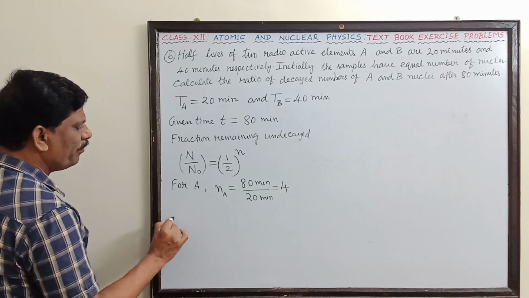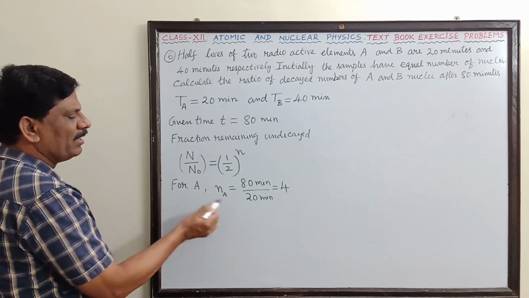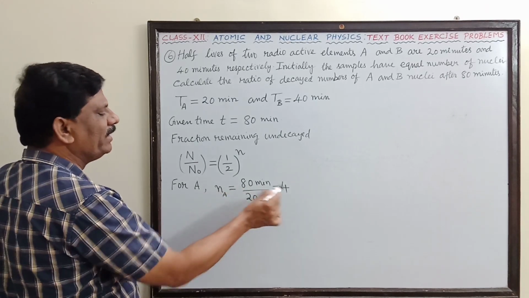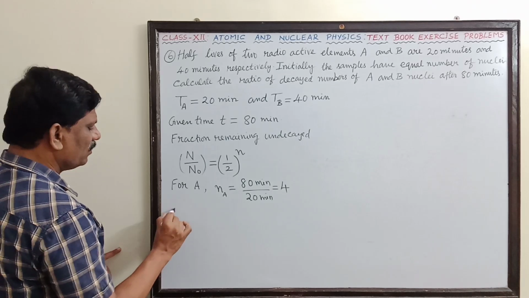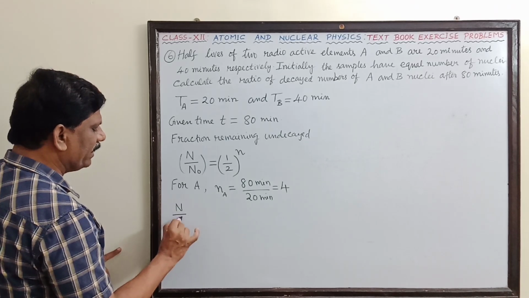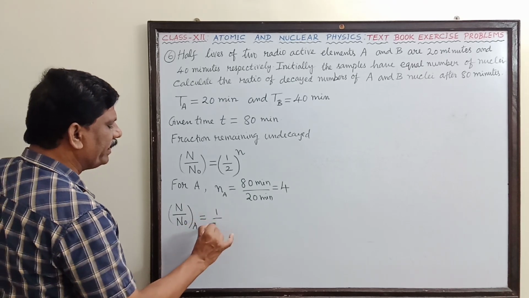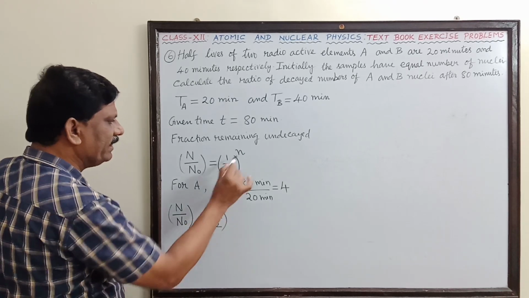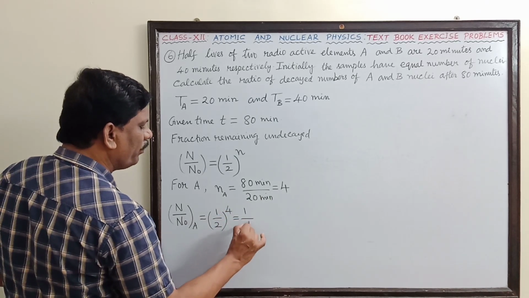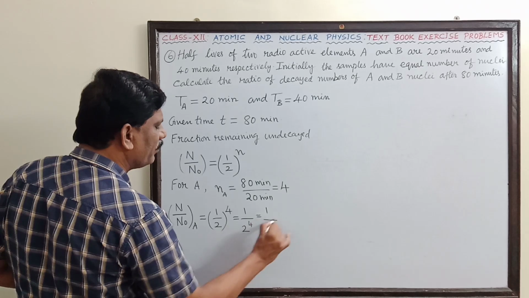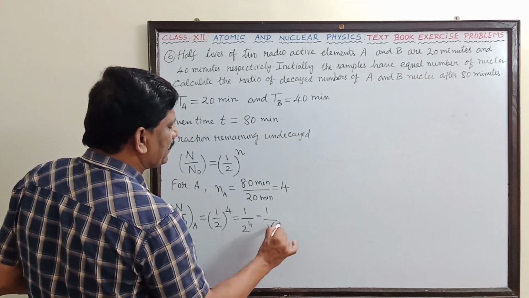Similarly, for B we will find out later. First for the element A, the number of half-lives is equal to 80 by 20, which is 4. So N divided by N0 for the element A is equal to (1/2) power 4, that is equal to 1 by 16. 2 power 4 is 16.